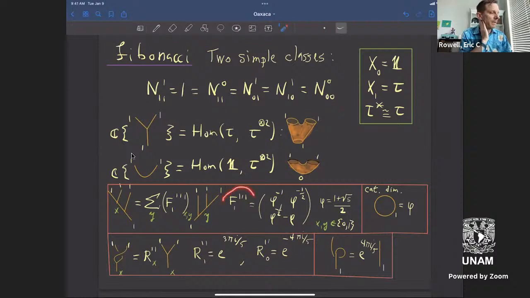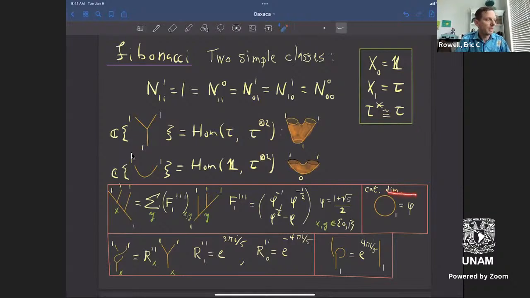Right, and so you get one matrix that's actually 2 by 2. That's the only kind of relatively interesting one. And it looks exactly like this, where here this phi is the golden mean. So that tells us how to resolve the different ways of tensoring these objects together. There's really only one non-trivial one, but this gives you everything you need to know.